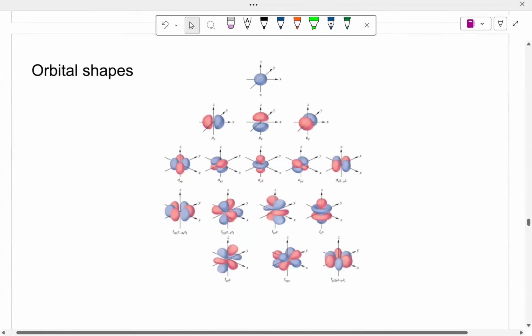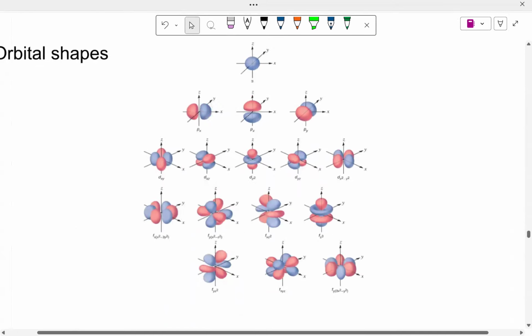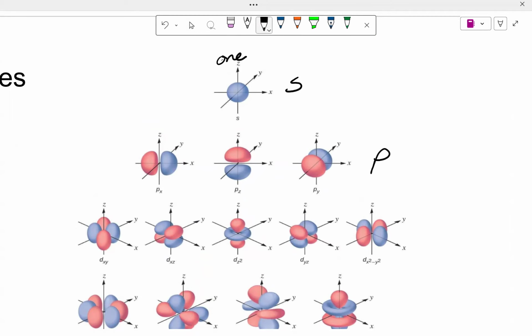So this kind of shows you the shapes of the orbitals better than what I can draw. So notice here's like the s orbital. Again, there's one of them. Okay, so in an s subshell, there's only one orbital, and these represent the p orbitals. Notice there's three of them.